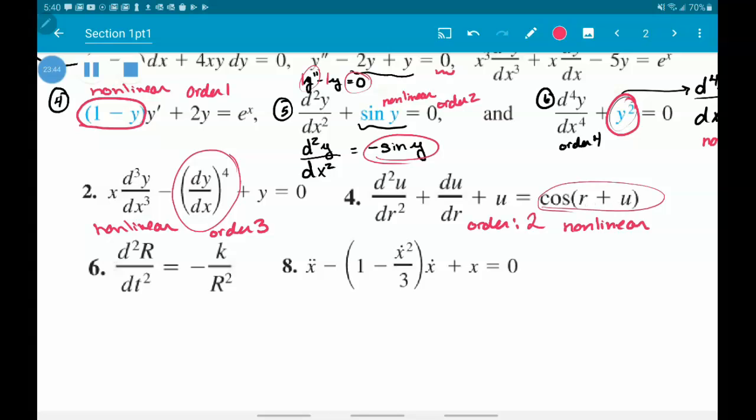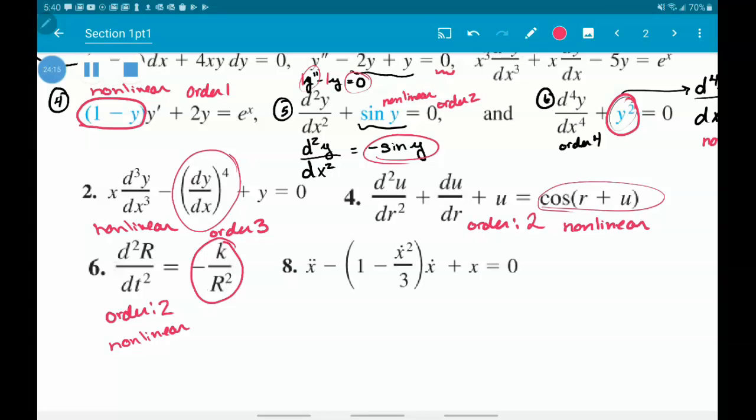Number 6, if we look at this, the order is 2. We have a second derivative in there. But this guy is going to be nonlinear because of this term. We are dividing by that independent variable squared there.